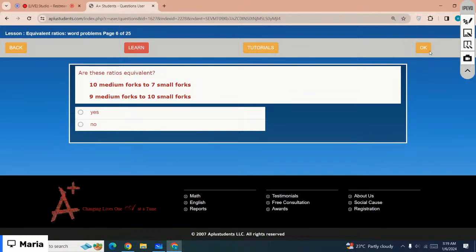Are these ratios equivalent? 10 medium frogs to 7 small frogs and 9 medium frogs to 10 small frogs. So which is the correct option?